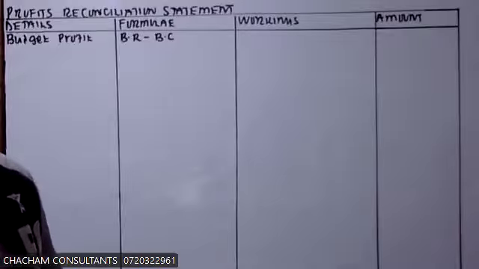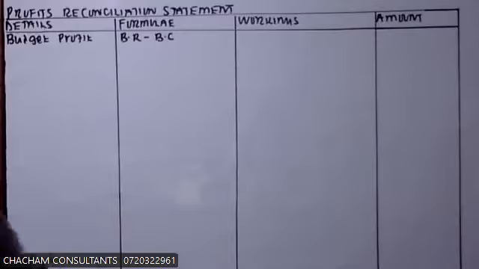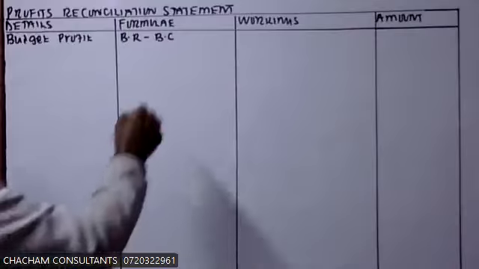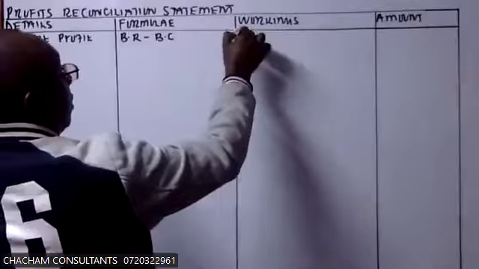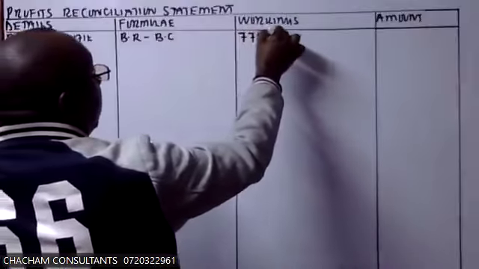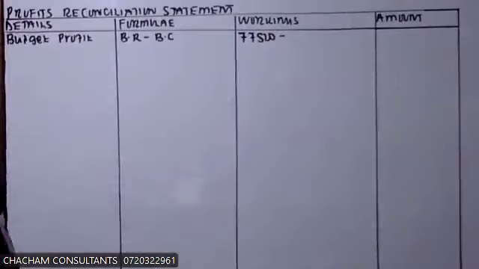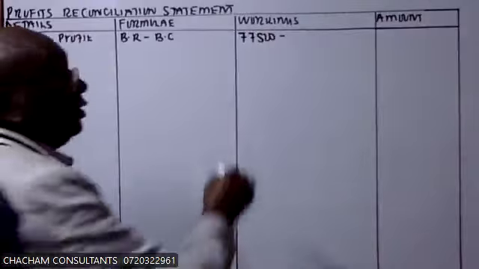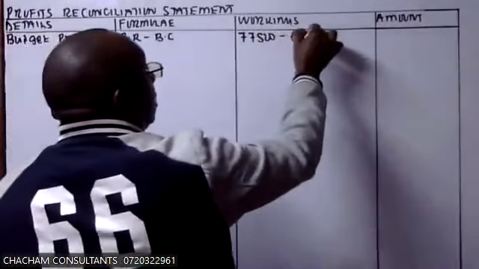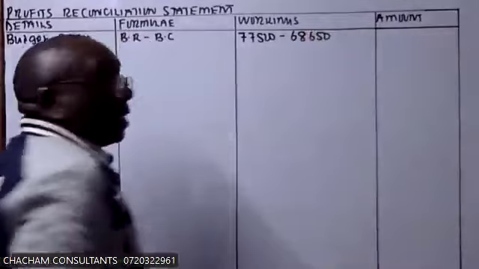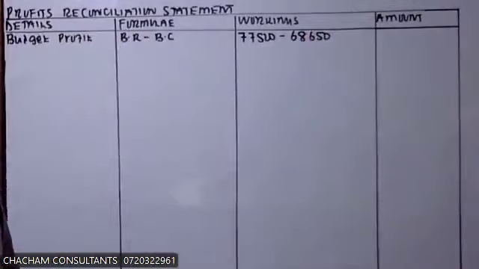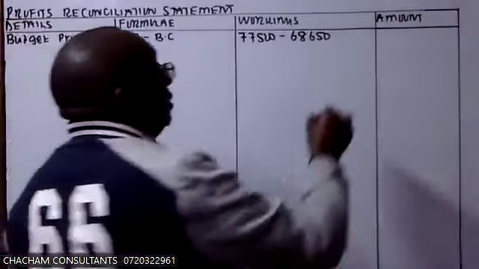And as you can see up there, the revenue is 77,500. And the total cost is 68,650. And the profit is 8,850.